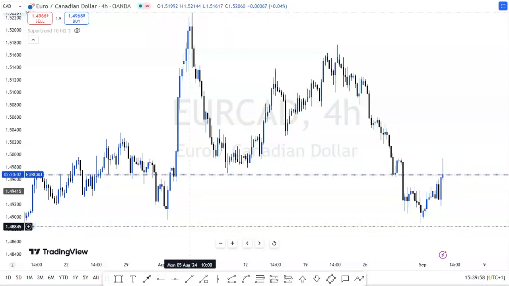Trust me, there is a saying that the market is never wrong. You are the one that tends to get it wrong. Whatever the market does, it will always give you a footprint. It will always tell you something before it does it. And it is your duty as a trader to figure out what it wants to do and to take the right action. It is only when you take the right action that the market will pay you.